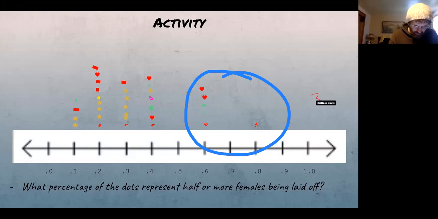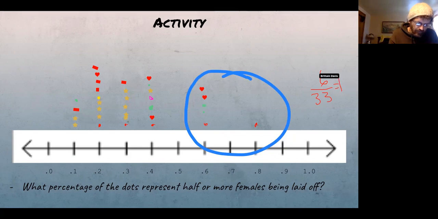I counted 33 dots. And out of that, 6 of them were at 50% or higher on females laid off. So if I convert that into the decimal using some advanced mathematics, looks like that's about 18%.